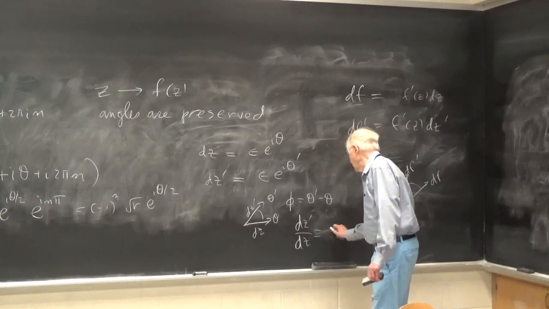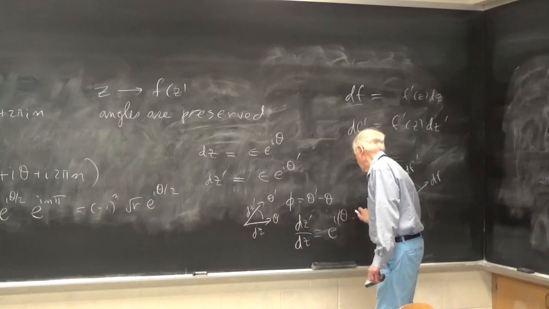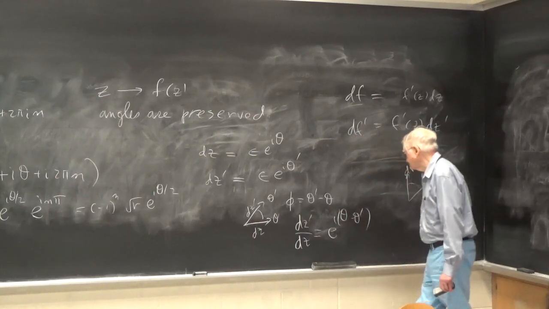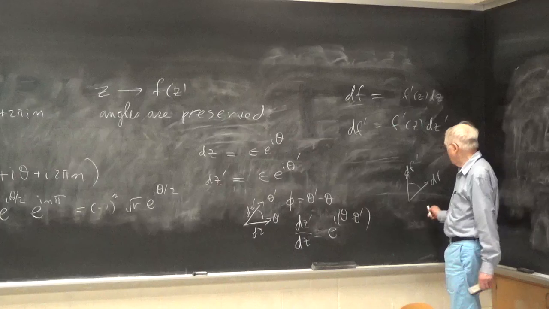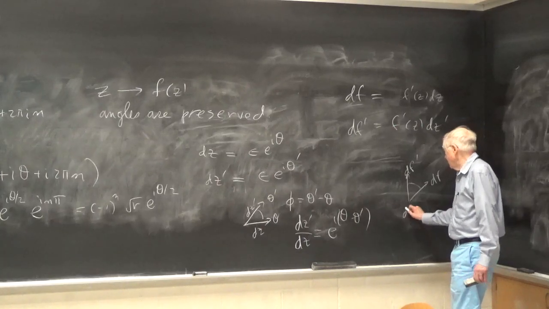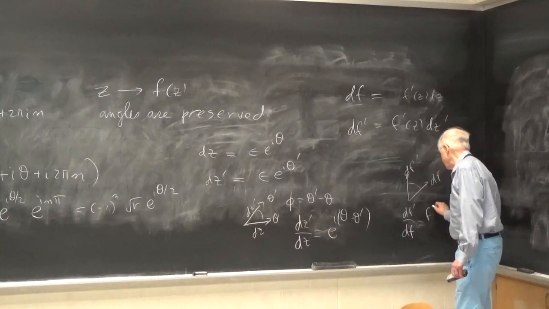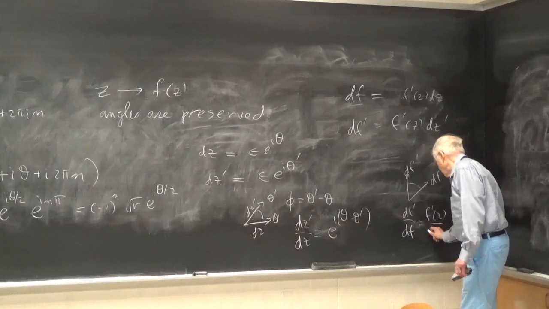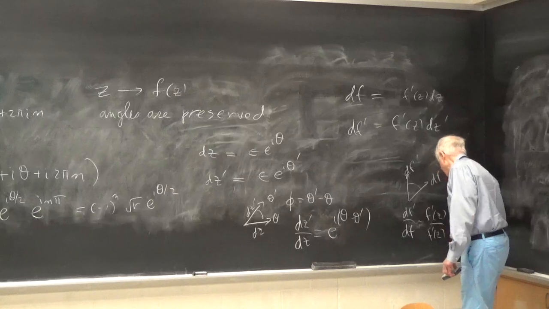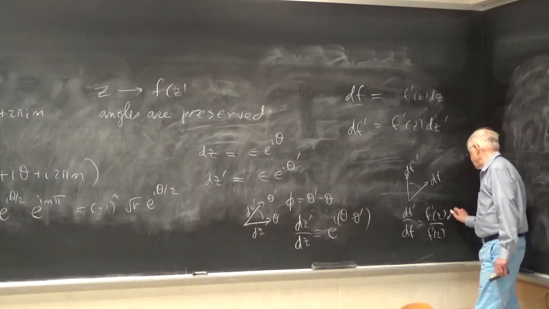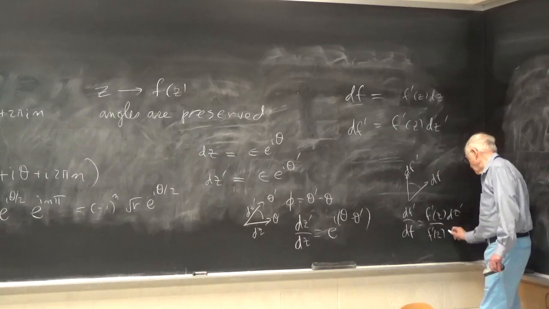The epsilon cancels, and you get e to the i theta minus theta prime. Here, you're going to have df prime over df, and so this is f prime of z divided by f prime of z, dz prime over dz.